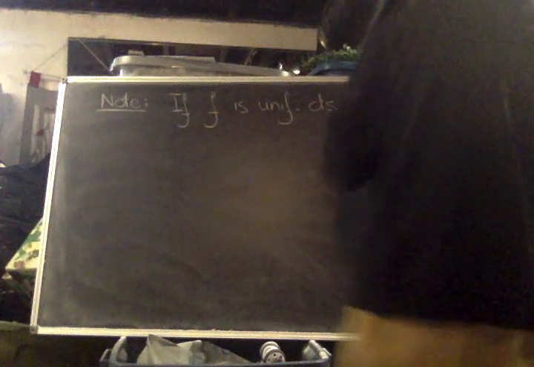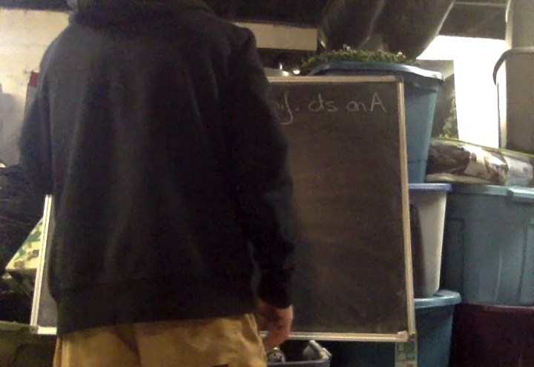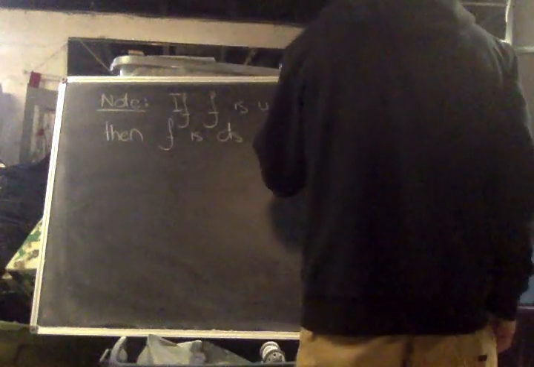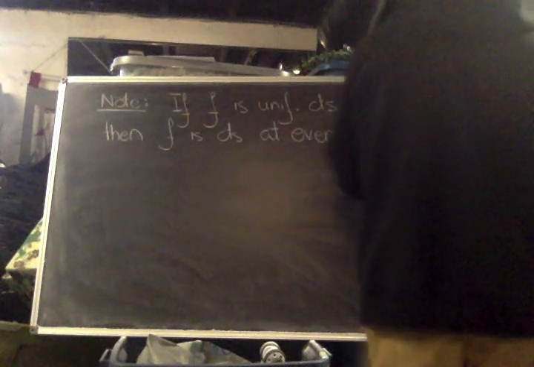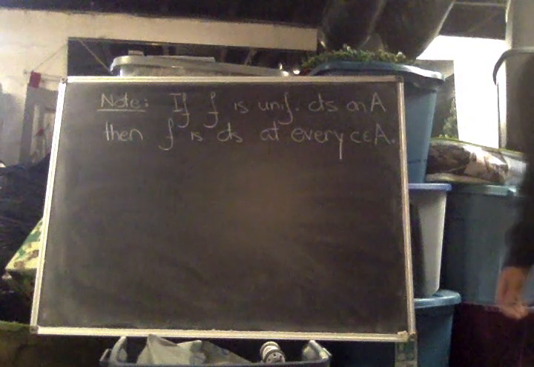So note, if f is uniformly continuous on A, then f is continuous at every point c belonging to A. Okay?